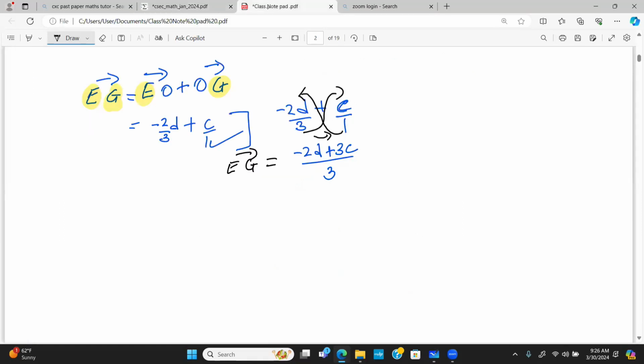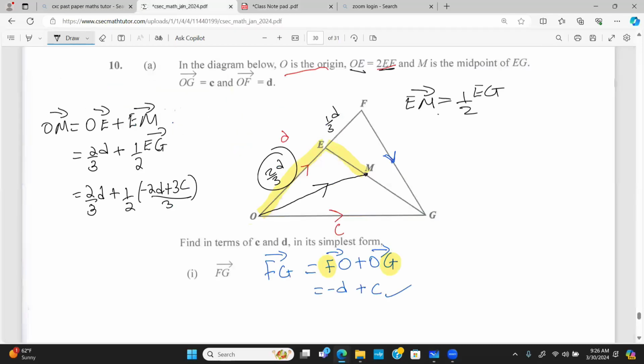Let me just take a look. Negative 2D plus 3C over 3. Very good. So let's just keep simplifying this. 2D minus, when we distribute, it's just going to multiply by the 3 at the bottom. So we have 2/3 D plus a half of negative 2D plus 3C. Only the denominator will be changed to 6 because I'm multiplying a half by everything.